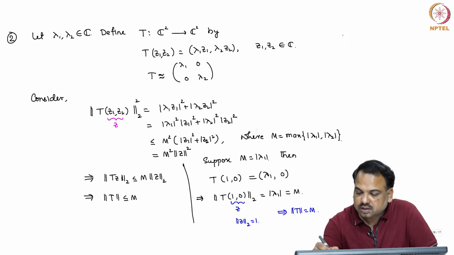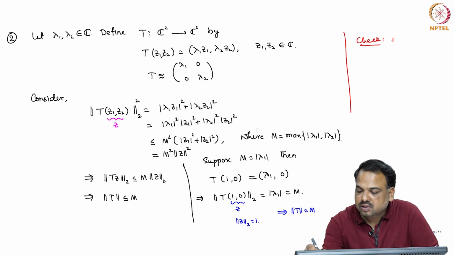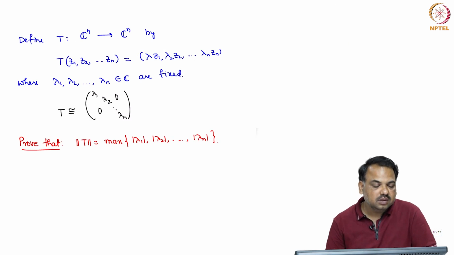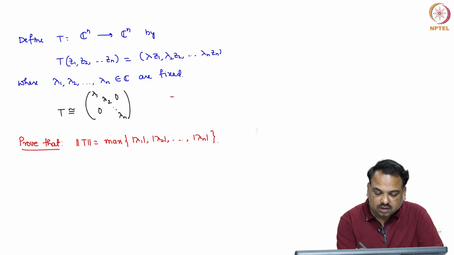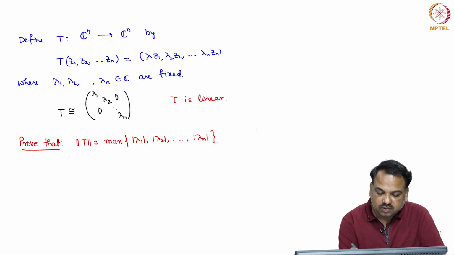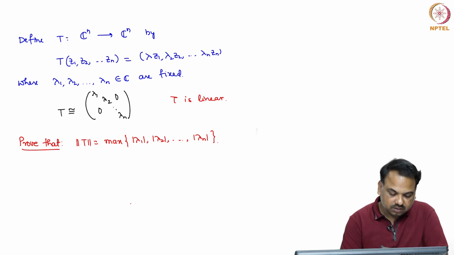So check that, and using a diagonal matrix we are able to get a linear transformation, and we also found the norm of T.